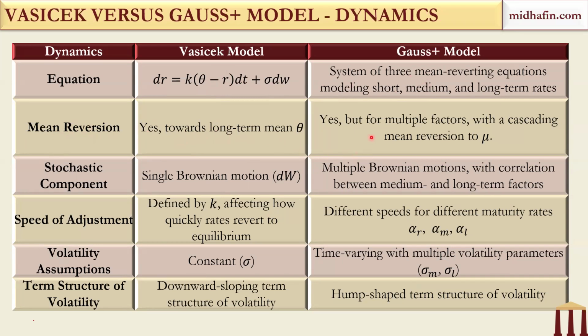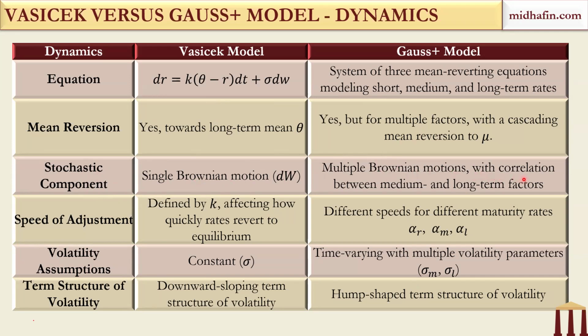And the Gauss plus model introduces a cascading kind of mean reversion process to mu finally. Short-term rates were reverting to medium to long, then long to mu. Then the stochastic component: you had a single Brownian motion there, dW, right? So randomness was kind of uniform across different maturities, but you have dW1 and dW2 in the Gauss plus model. So you have multiple Brownian motions.